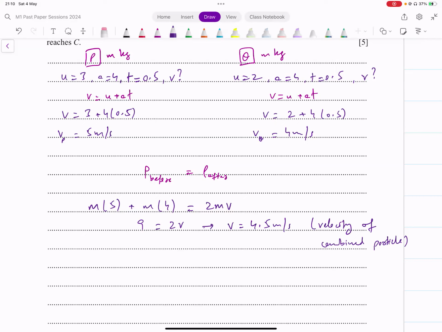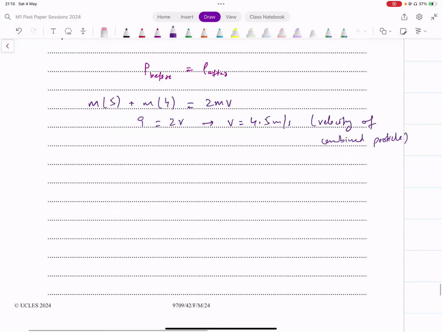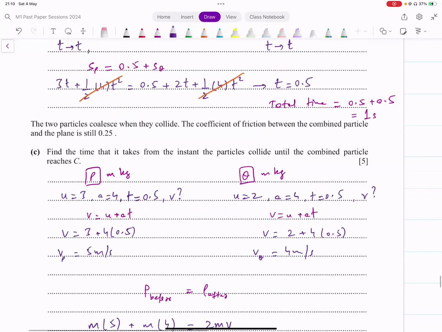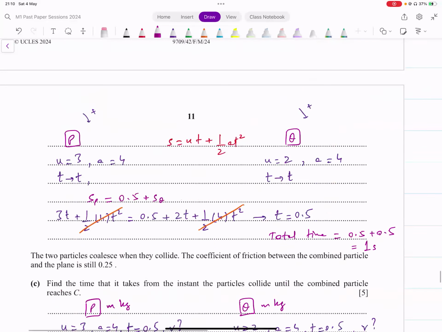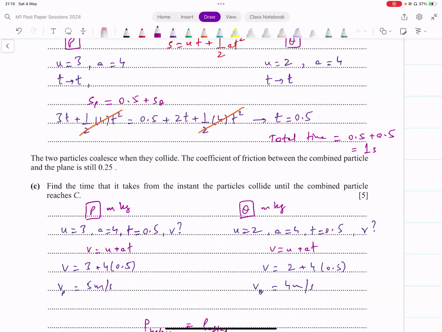Okay. Now this combined particle is moving down the plane from this point to the point C. We have to find the time taken after collision until that combined particle reaches the point C.